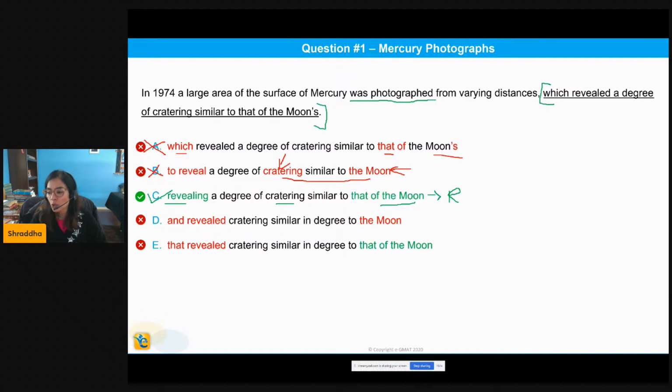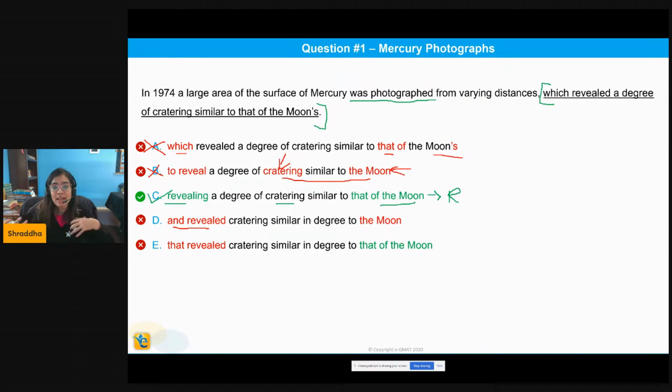Now, why is choice D wrong? And revealed. That connection between was photographed and revealed is now gone. Because Mercury was photographed, it could reveal the degree of cratering on its surface.